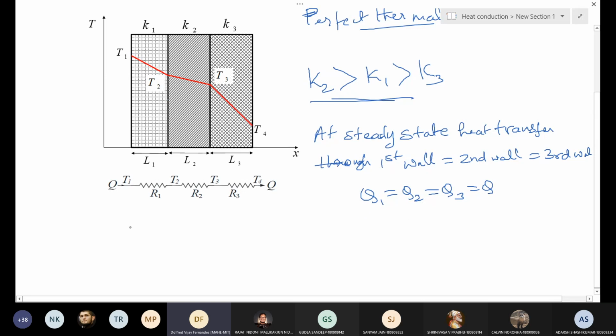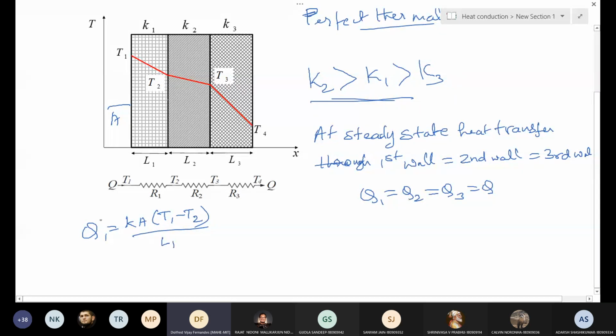What is the heat transfer through the first wall? Q1: you know the temperature difference, you know the thermal conductivity, and assuming the area is A, we can write Q1 equals KA times T1 minus T2 divided by X2 minus X1. Here I have given L1, L2, L3, so X2 minus X1 is nothing but L1.